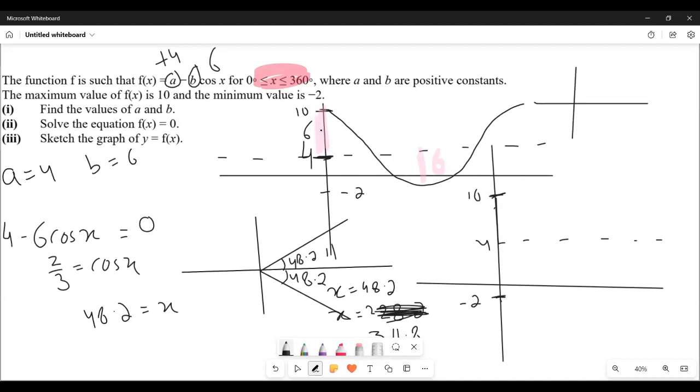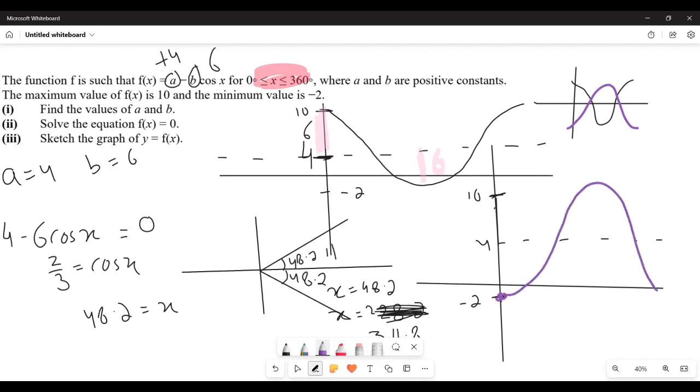Regular cos looks like this, but negative cos looks like this. So my graph should go like this. This would be 2 pi here, so 360 here, 180 here, and 0 here.